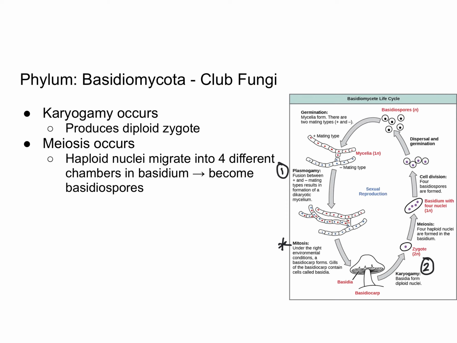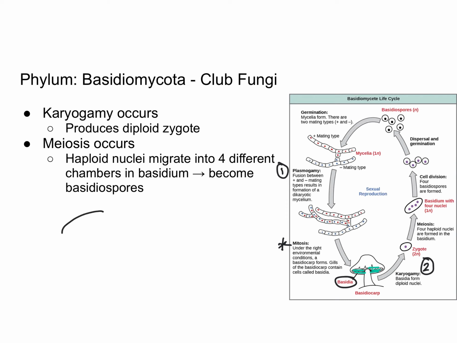And so what happens is that after this plasmogamy occurs, the cells go through mitosis in order to form the basidia, which are in these gills underneath the mushroom here. Once the basidia forms, karyogamy occurs.